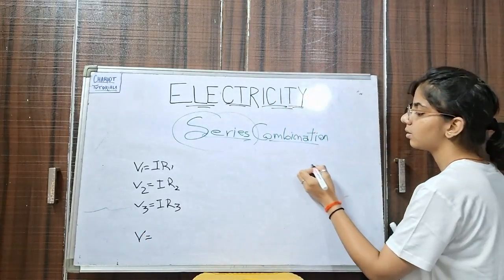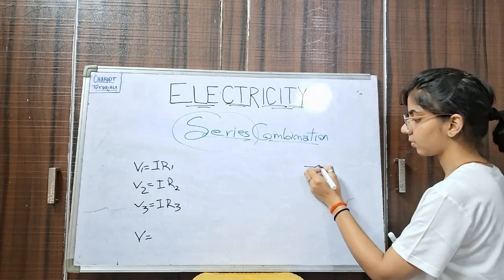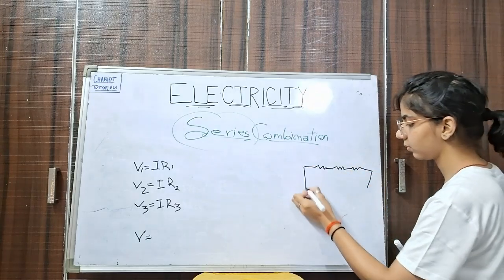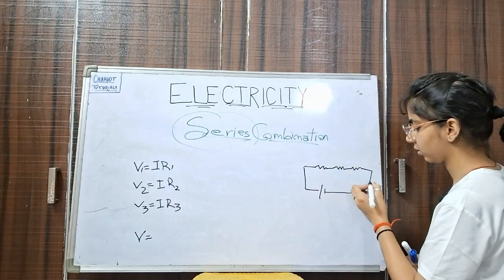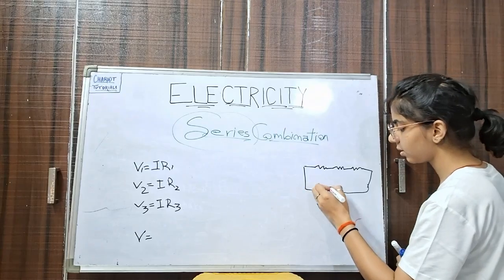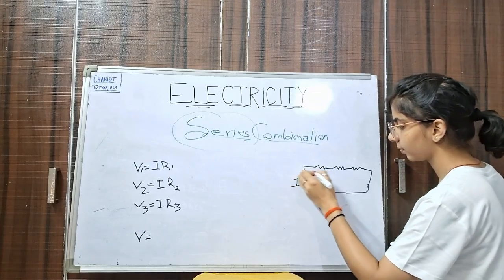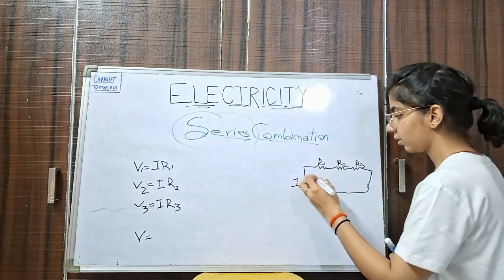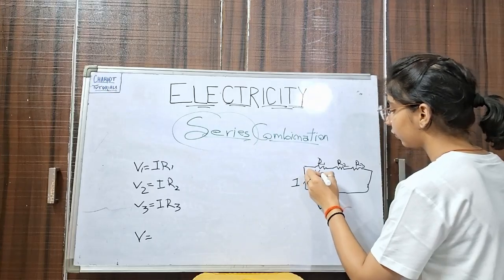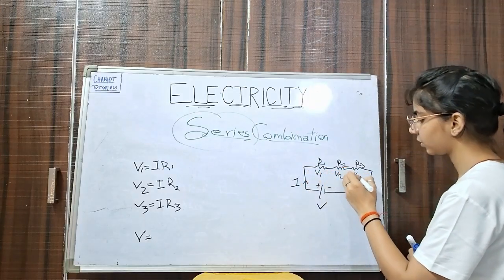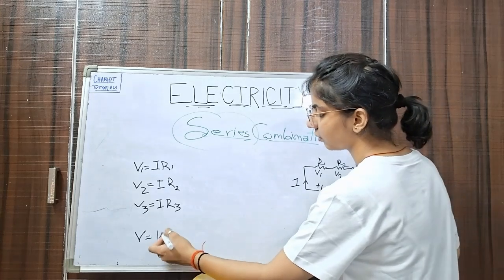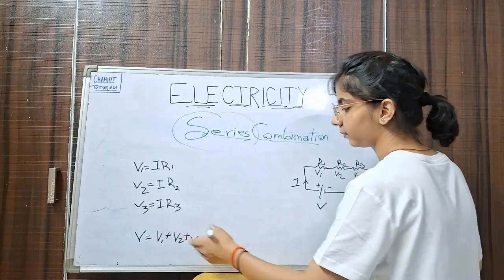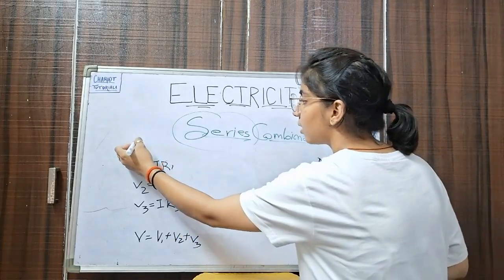Let me draw the circuit. This is our potential cell. Current I is flowing through it, right? This is R1, R2 and R3. Now across these the potential difference is V1, V2 and V3. So we have got V is equal to V1 plus V2 plus V3.